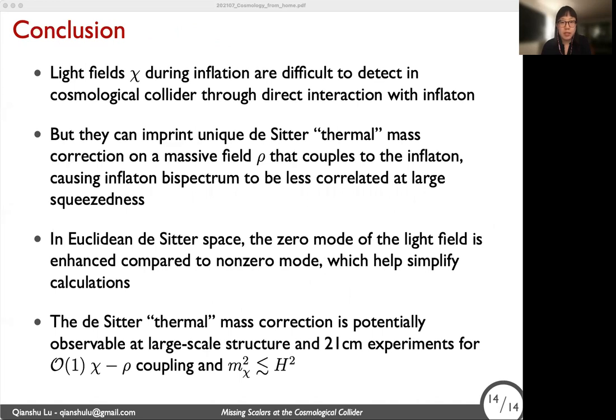And we have discussed how this signal is potentially observable at 21 centimeter experiments for order 1 chi to rho coupling and m chi squared that's moderately below Hubble squared. We didn't do a Fisher forecast specifically for large scale structure experiments. However, we expect the signal is going to be observable at large-scale structure experiments as well.